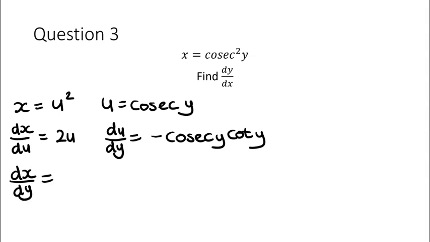Okay, and as I said, we're not finding dy by dx right away. We're going to find dx by dy first. So we get that by multiplying the dx by du and the du by dy together. And then I'm just going to substitute the u, which is cosec y.